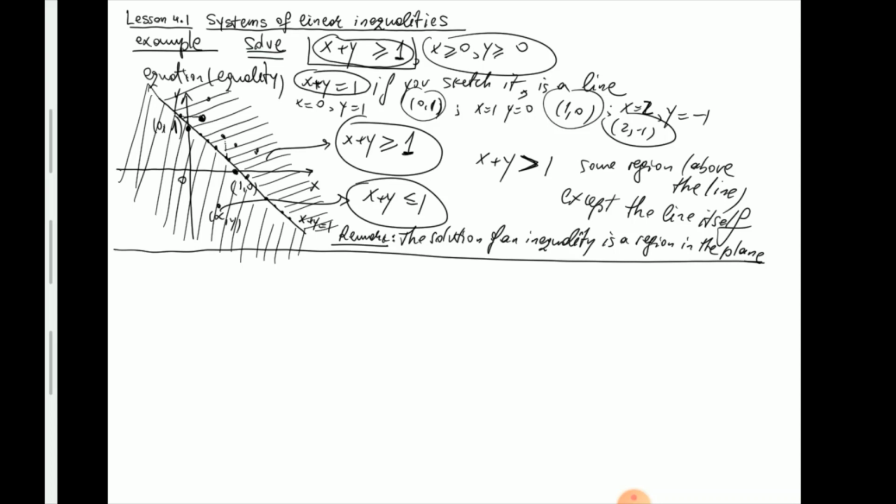So it's not like you have the whole plane as a solution, but a region of the plane. And in the case of linear inequalities, you always have one side of the line. Each line separates the plane into two regions, one satisfying the linear inequality in one direction, and the other region satisfying it in the other direction.